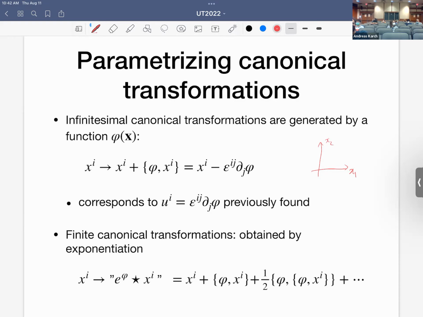We know that infinitesimal canonical transformation is generated by the functions phi like this. We take a Poisson bracket of phi with x. So this formula reproduces what we have before, but we can go to higher order. The exponentiation of the infinitesimal volume preserving diff gives us the way to parameterize this nonlinearly.